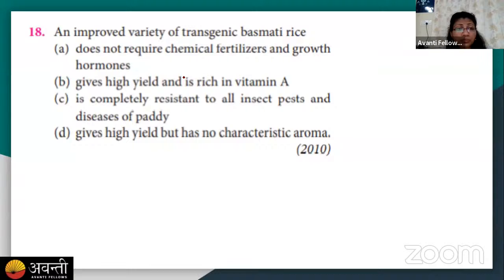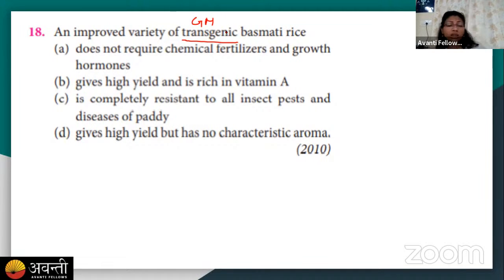Okay, so next question for today. An improved variety of transgenic basmati rice. Here we are talking about the transgenic basmati rice. The term transgenic itself means genetically modified. Please don't take tension, don't get confused. Transgenic and genetically modified, both terms have the same meaning.